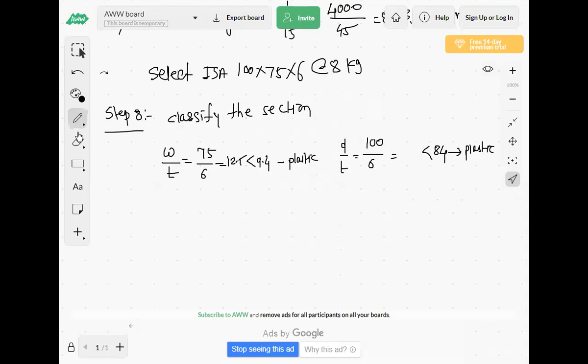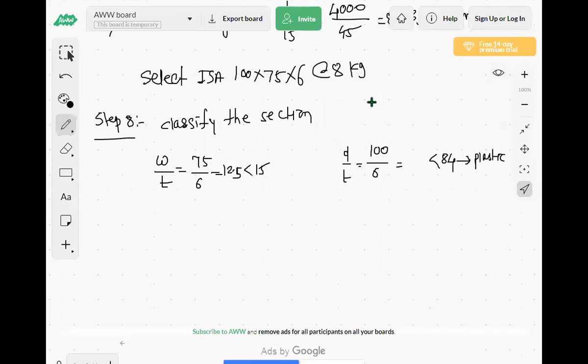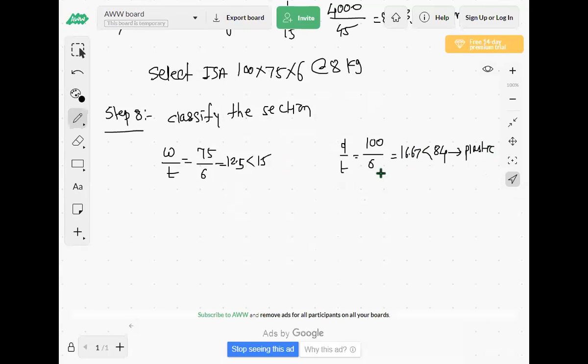So 12.5 means less than 15. 16.67, this is 16.67. So this is plastic classification. For depth, the classification is plastic, and for width, I think this is semi compact. Correct. So this is the classification.